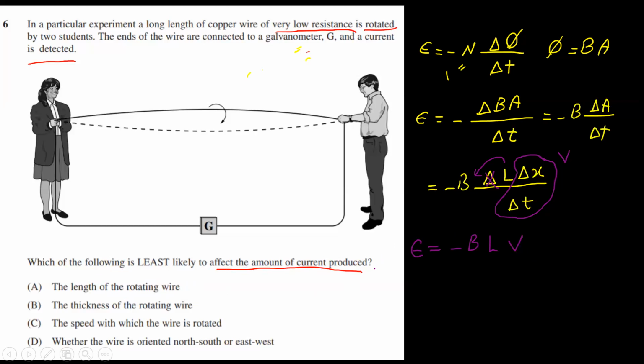Because the direction of rotation should be perpendicular to the direction of the magnetic field of the Earth, so it's important which direction it is orientated. But what about the thickness of the rotating wire? We see there is no factor here to show the thickness of the wire is important. So the answer is B. Let's go to the next question.